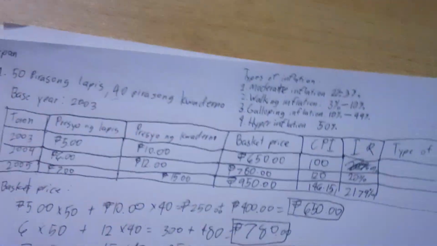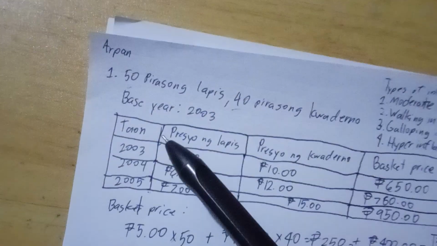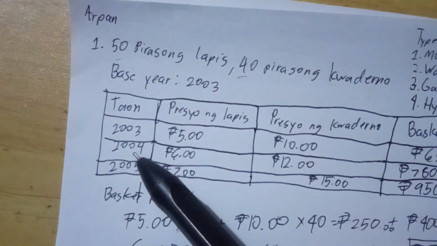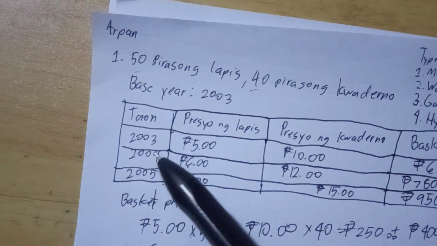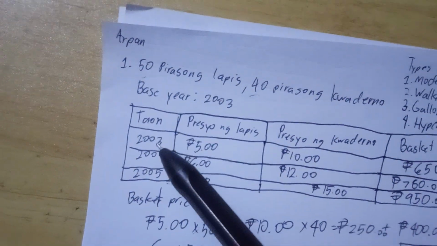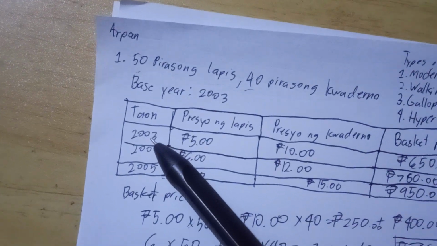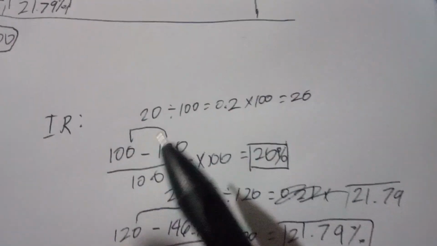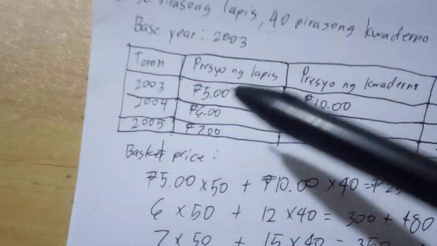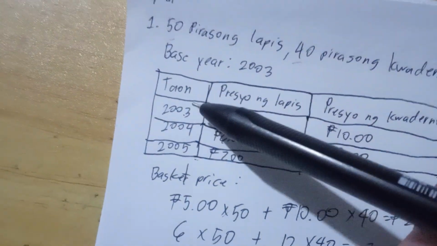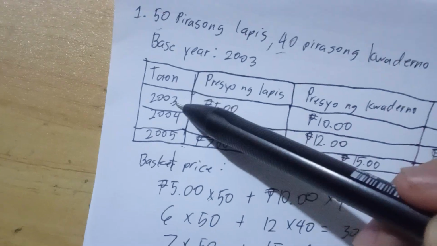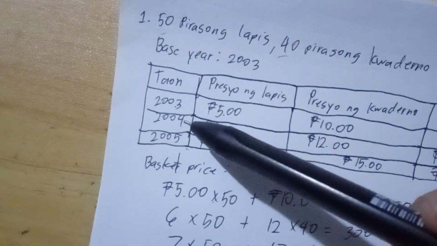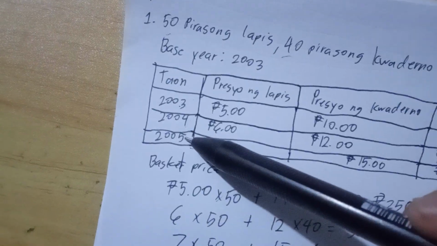To explain more about the IR, basically we get the CPI of 2004, we minus the CPI of 2003, and divide the answer by the CPI of 2003. Here, you can understand it more like this.